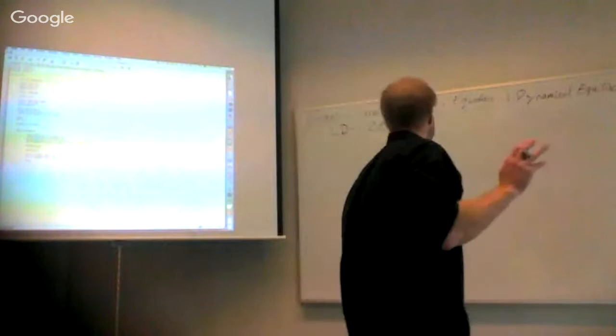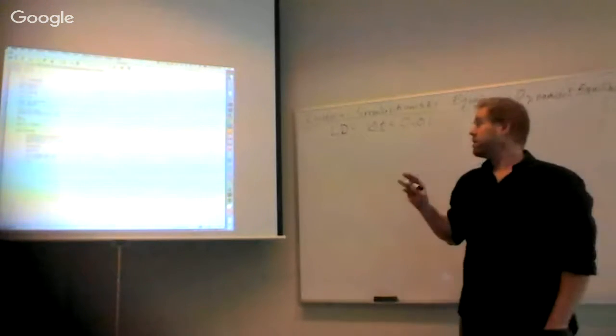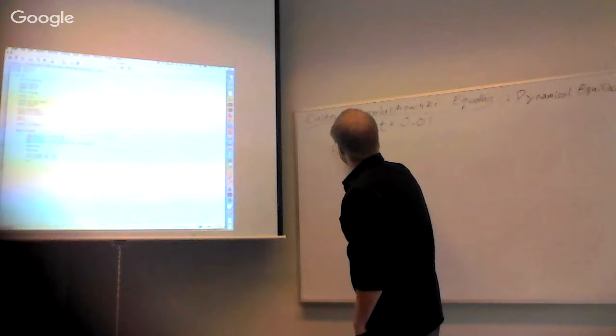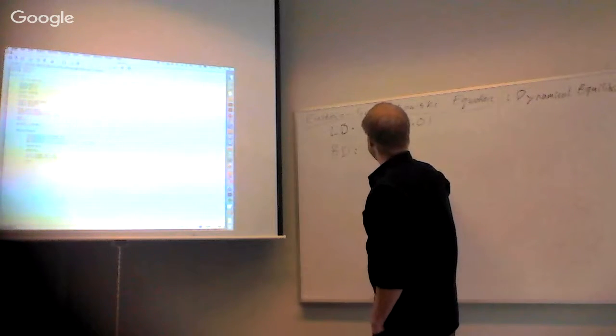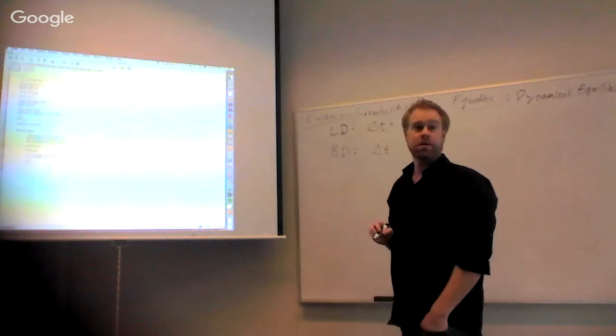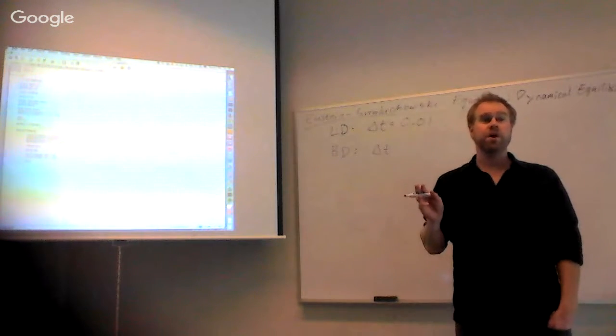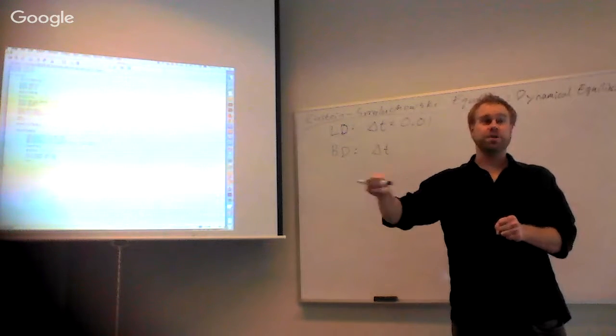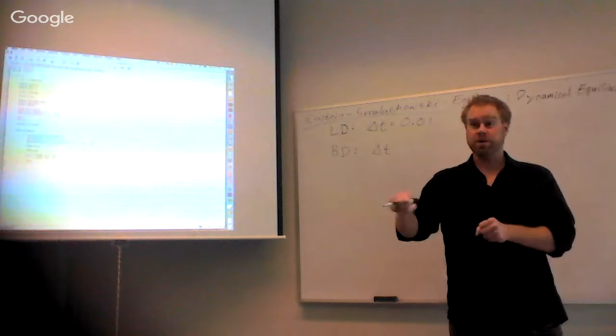In Brownian dynamics, there's really no limit on what delta t is. It can pretty much be whatever you want. You can have really big jumps. That just corresponds to the system evolving over a longer time.